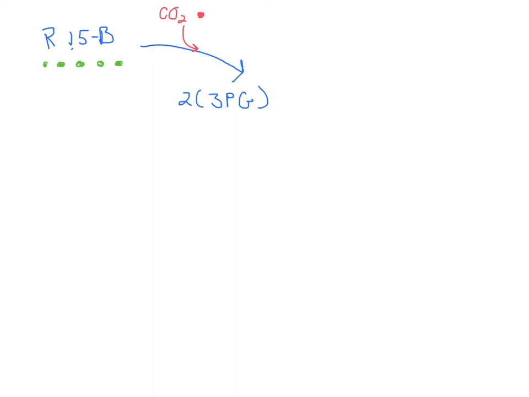So our first 3-phosphoglycerate has 3 of its carbons originating from ribulose 1,5-bisphosphate, and the other 3-phosphoglycerate has 2 of its carbons originating there, but one of its carbons is from the CO2.